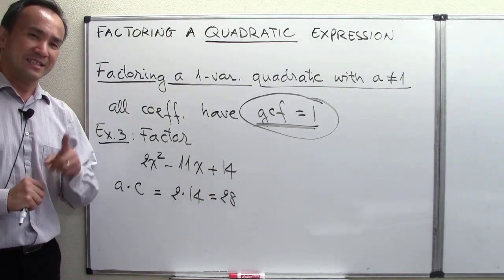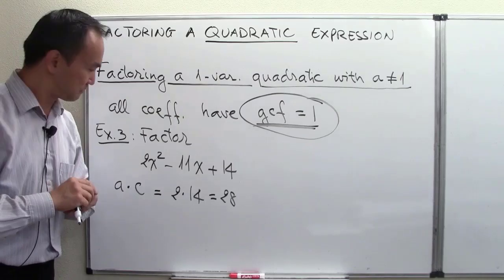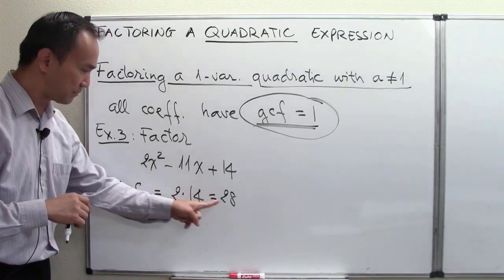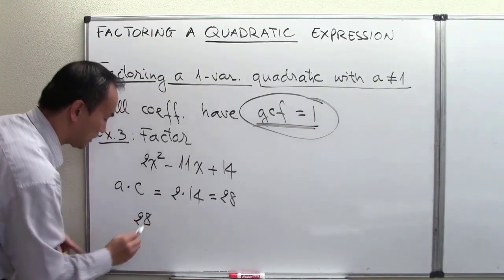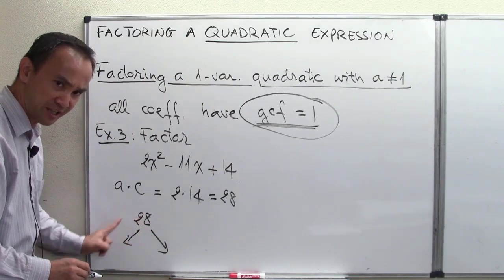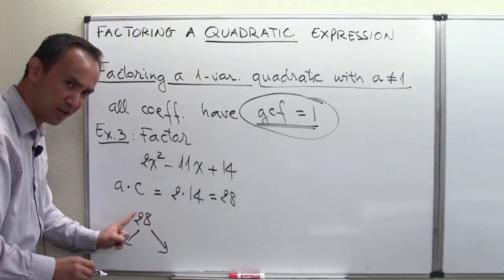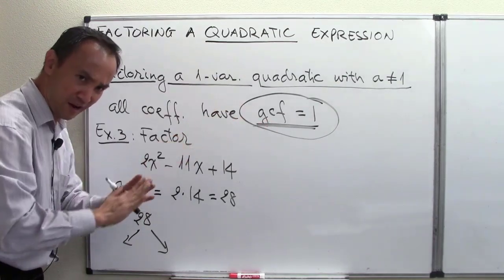The next step, similar to what you have learned in the earlier part of this lesson. Think about 28 now. I want to think of two factors, including signs. So the technique you have learned from example 1 can carry in.